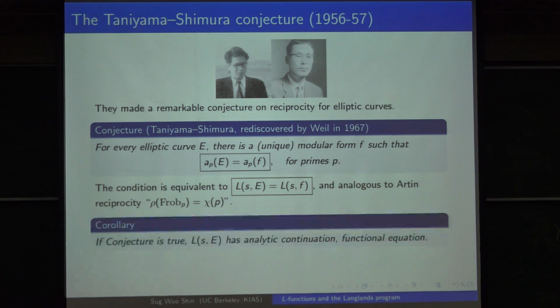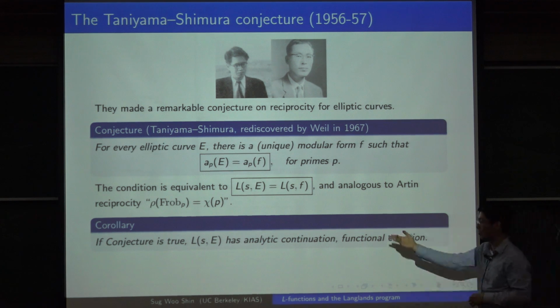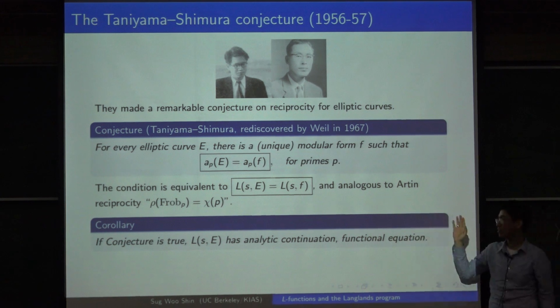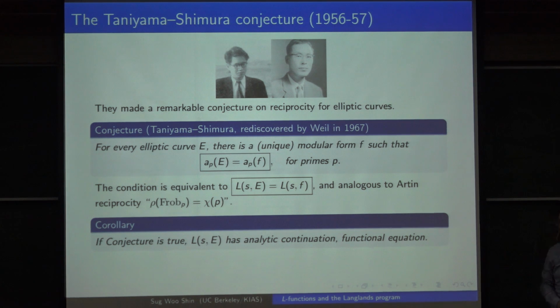Okay. But if you know this, then what's good? Well, one good thing is that because LSF has all these nice analytic properties, you can just carry over these properties. And now the L function of an elliptic curve has these properties.